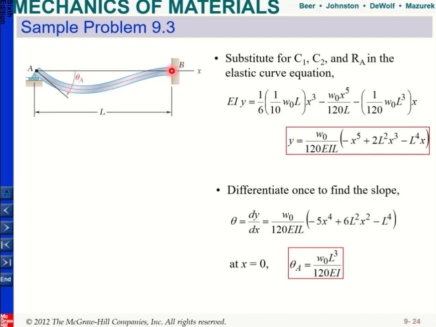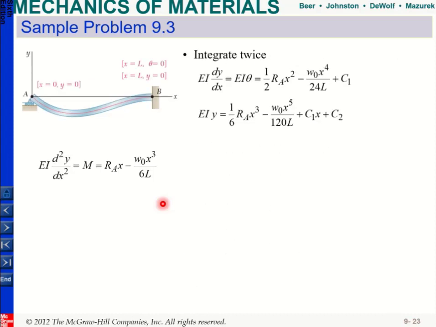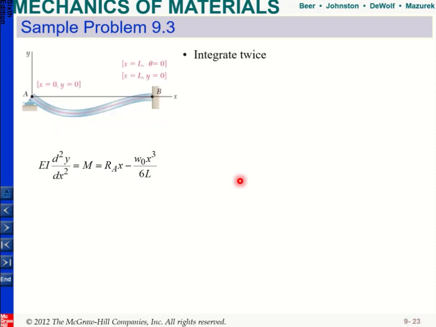And also, when you find your M, since your M was positive, since this was clockwise, it was positive, which means that you have concave up deformation. And if you look at the deflection, this is what you will see. So you will have this deformation.